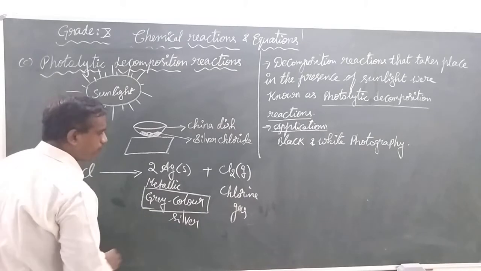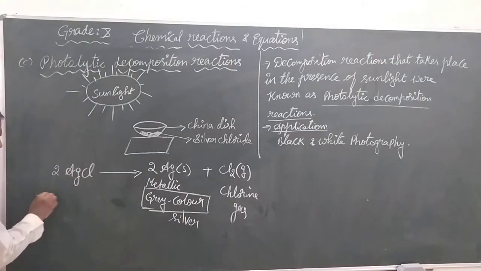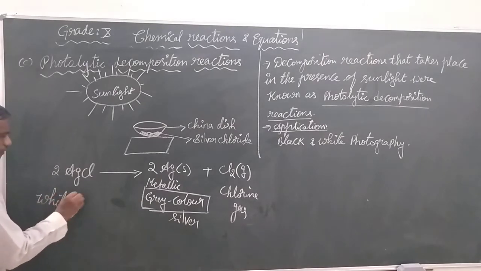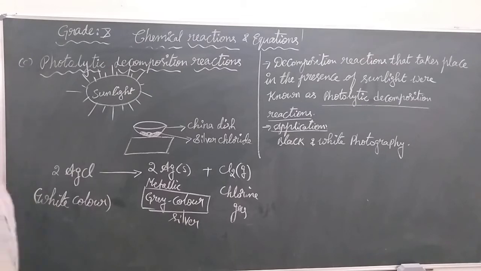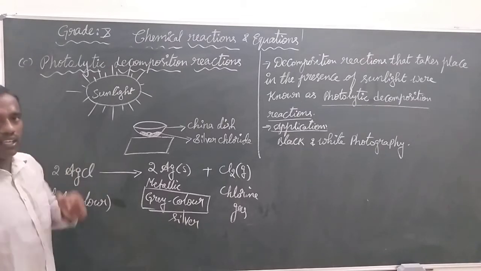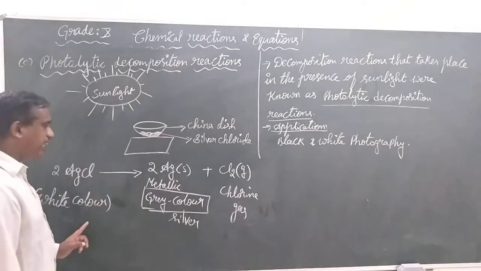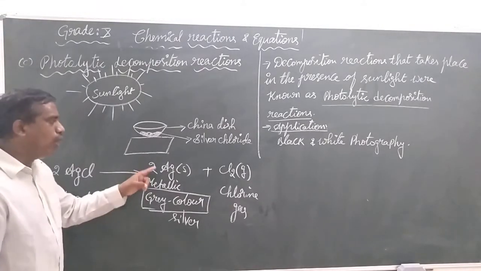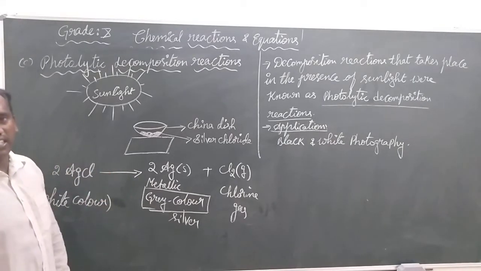Grey color compound. Initially it is white in color. At the end, the white colored silver chloride changes to grey colored metallic silver and chlorine gas.